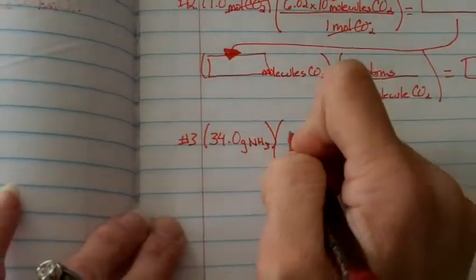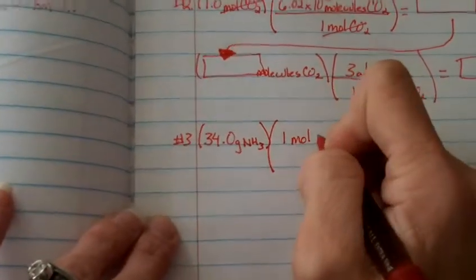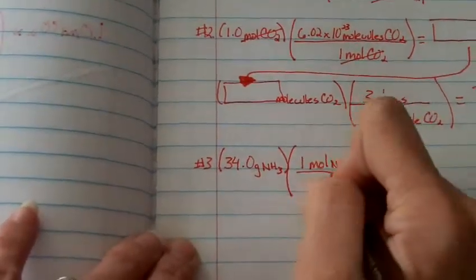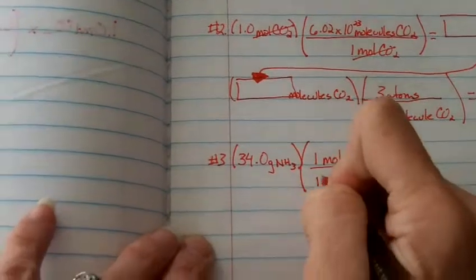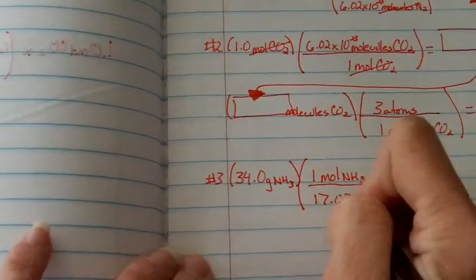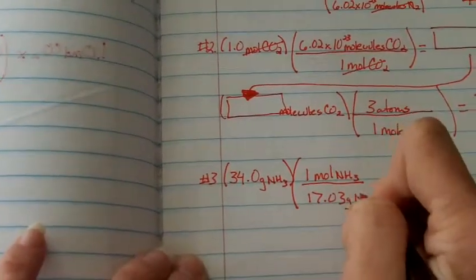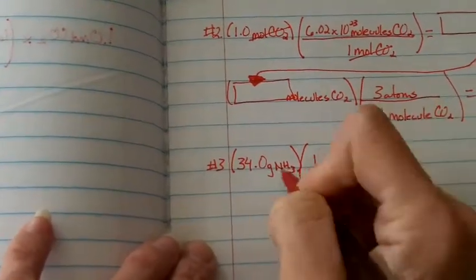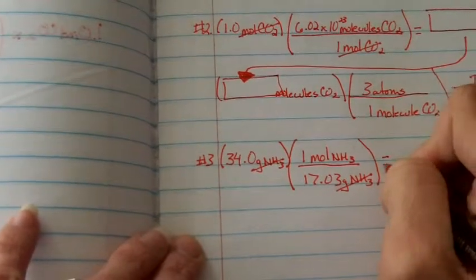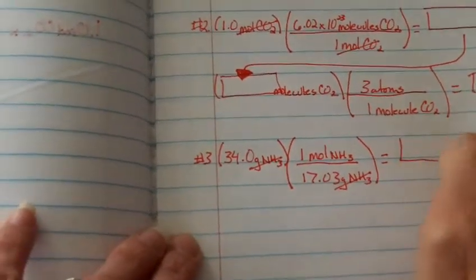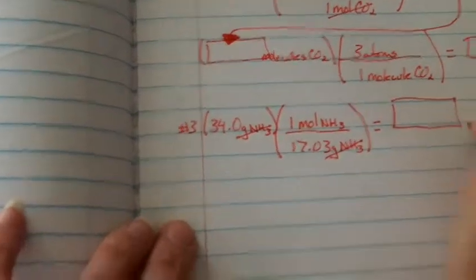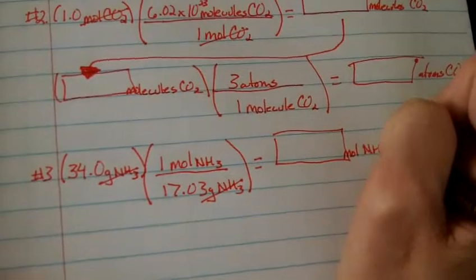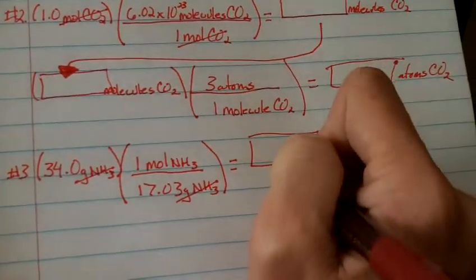Look at your periodic table to calculate your molecular mass of NH3. 1 mole of NH3 should come out to 17.03 grams of NH3. Grams cancels, and you end up with moles of NH3. But don't stop there.